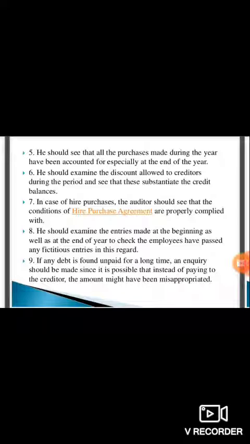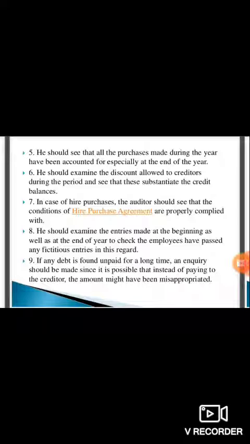And the last thing is, if any debt is found unpaid for a long time, an inquiry should be made, since it is possible that instead of paying the creditor, the amount might have been misappropriated. This is the most important thing, and often done by companies, because sometimes they skip paying the creditor.